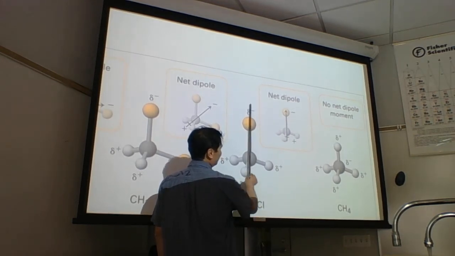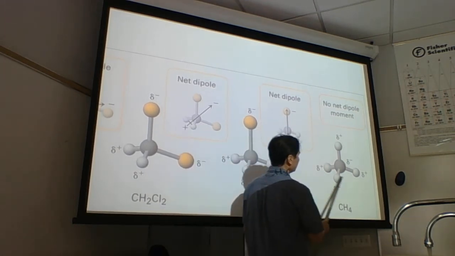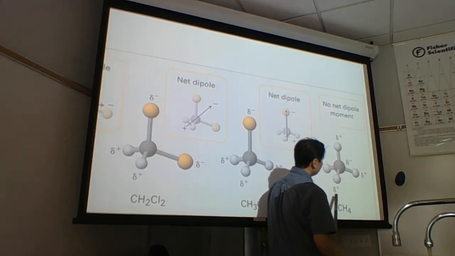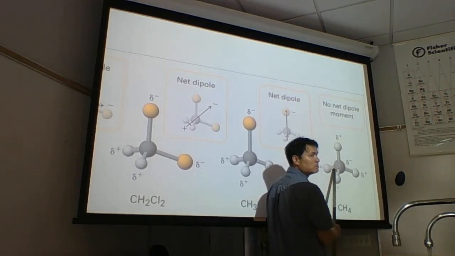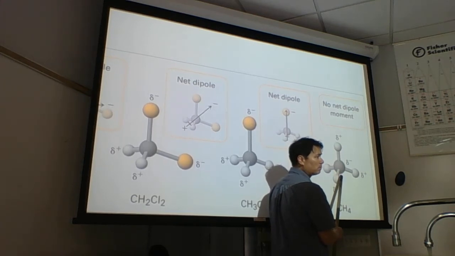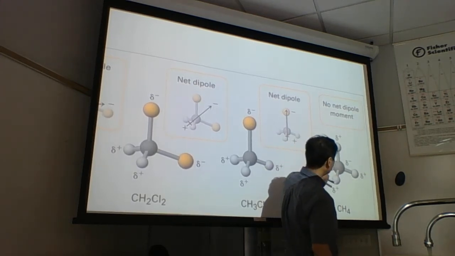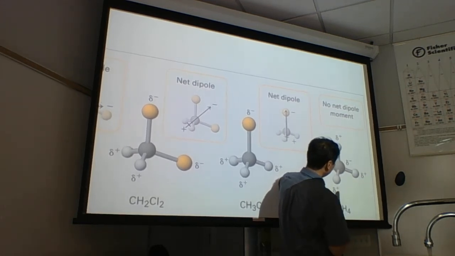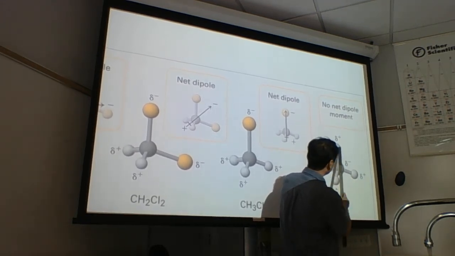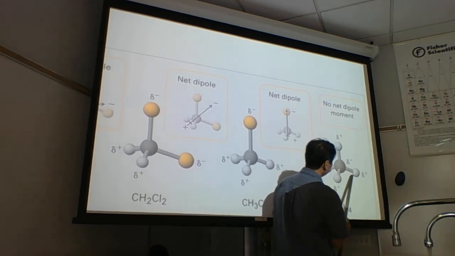What if we replace all of them with hydrogen? If we replace all of them with hydrogen, we think of the carbon-hydrogen bond as being non-polar. And so even if I replace this with a carbon, there's no net movement anywhere. The bond dipoles are so small, they're negligible.